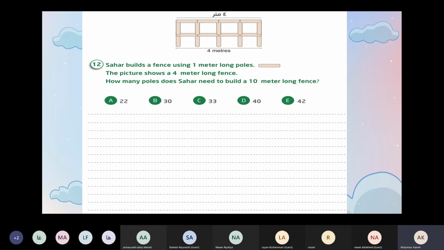Okay. What do you think here, Noel? Wait, 1, 2, 3, 4. So I think she will need to build 10. Here I have 4 meters. How many poles did she use to build the 4 meter fence? Count them.